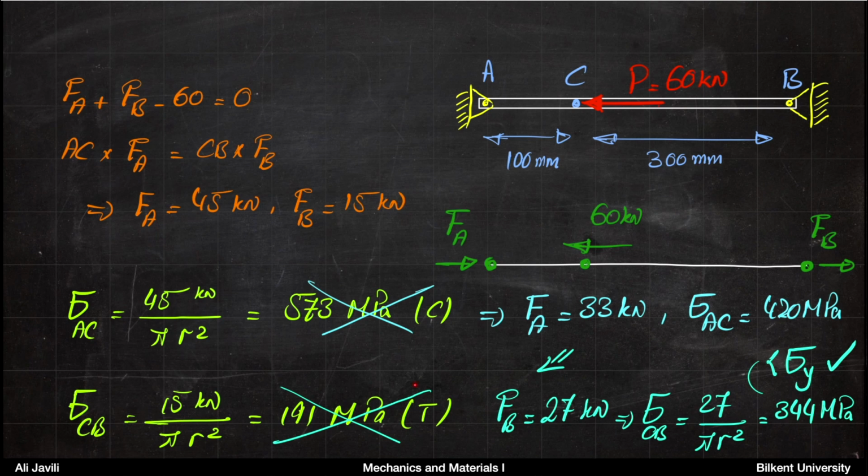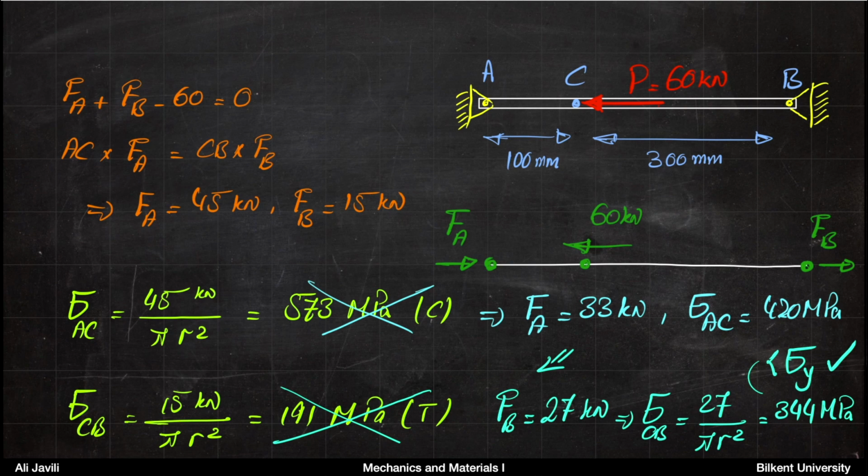So that tells us that the 191 megapascal that we calculated previously is also wrong. Okay, so the answers are here. What we had previously was a trial step, and due to the material behavior, they are not valid.